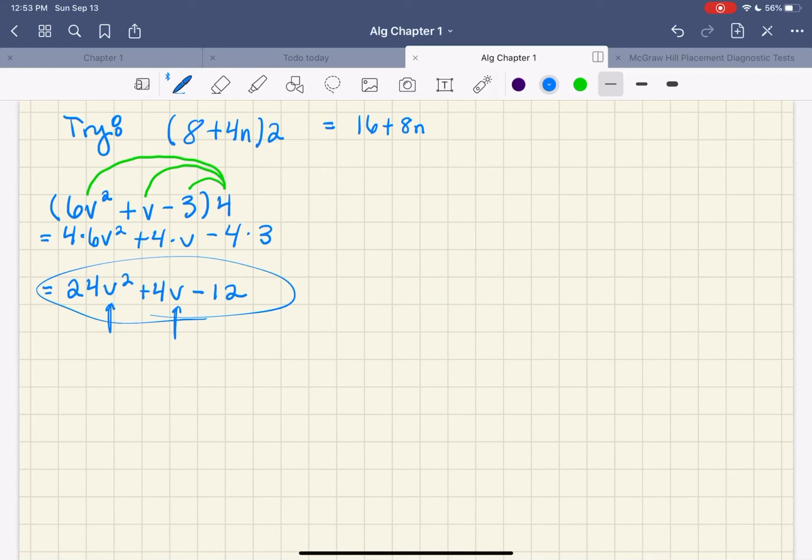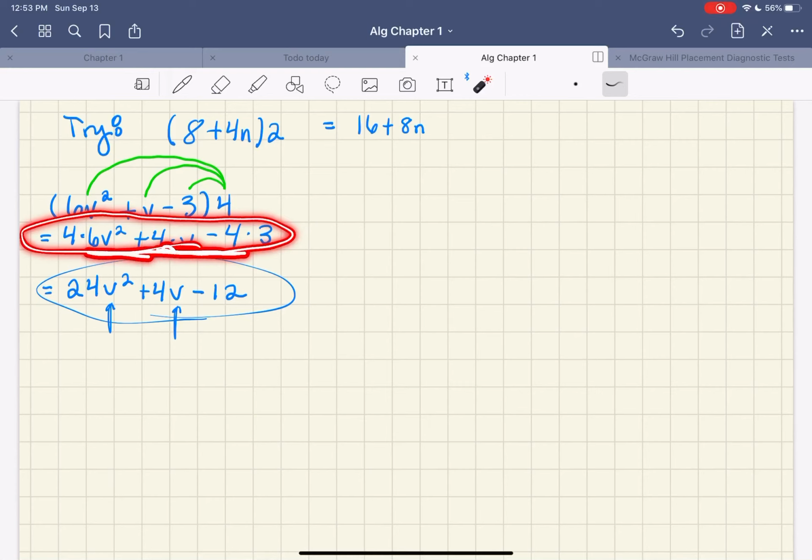This step right here, where I just write out how I'm multiplying by 4, is something that you will eventually not need to do, and I am comfortable with you starting to maybe phase out of this after you take these notes. You could just say 4 times 6v squared and say that's 24v squared.